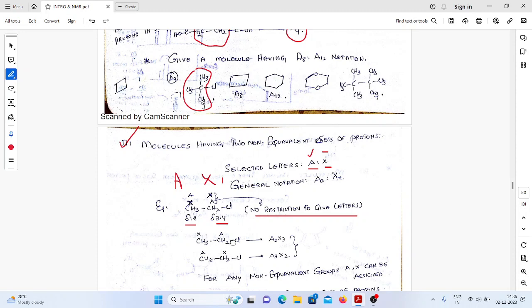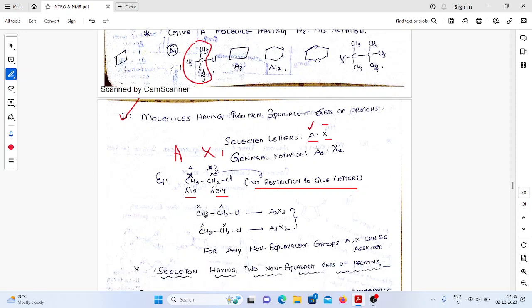So if you consider this is X type, how many? 3. So X3. If you consider this one is A, how many protons are there? 2. So A2X3 system. Suppose if you take this one as A3. If you take this one as X, X2. So in this way you can identify the system AX. AX is simply what?